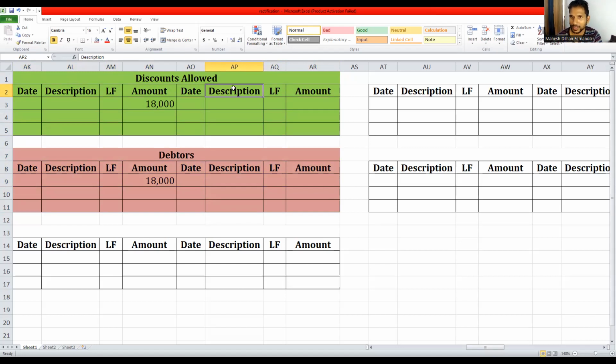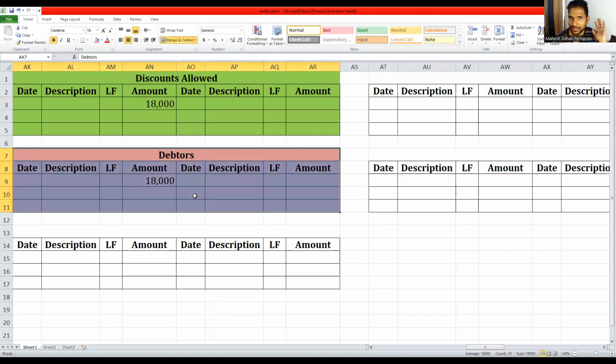Very good. Duniti, why do you say that the discounts allowed should also be debited? Not required. When you have allowed a discount, the discounts allowed is debited. Why? Discounts allowed is an expense. Expense increases, debit. We rectify only the debtors account.